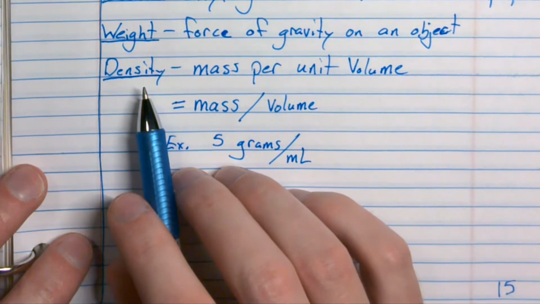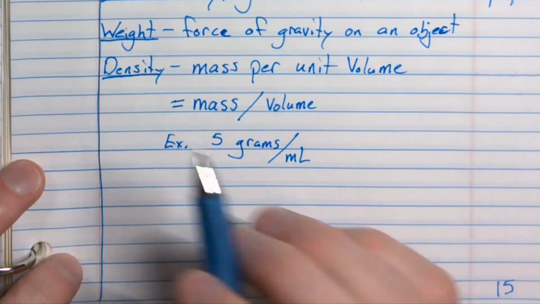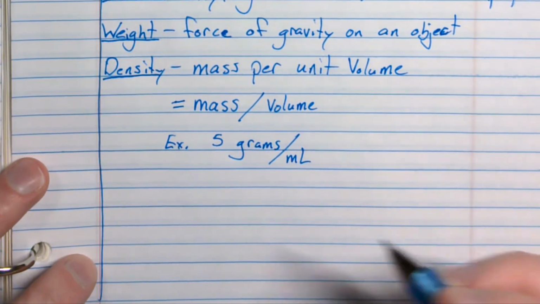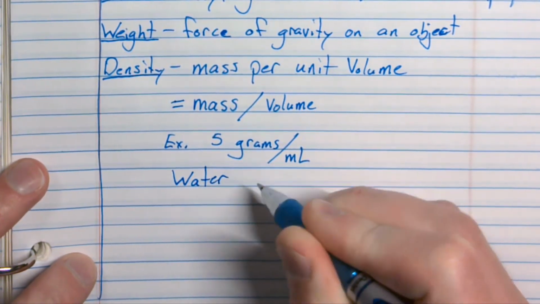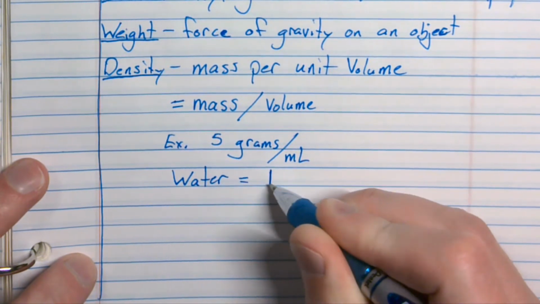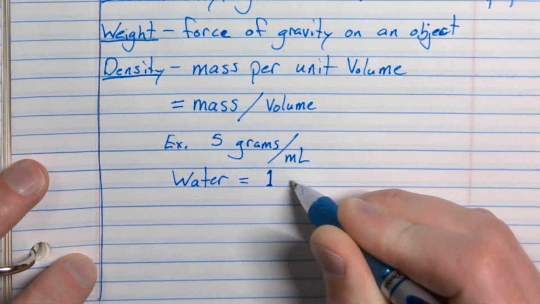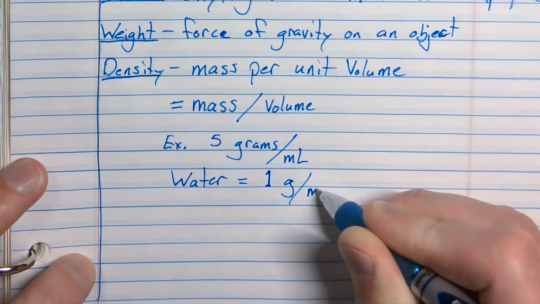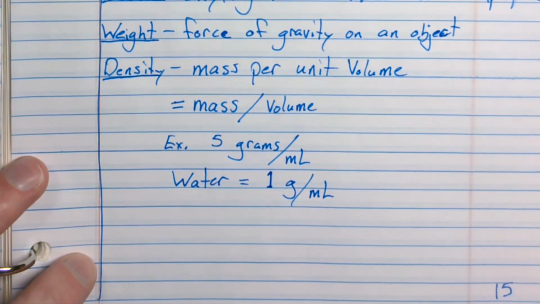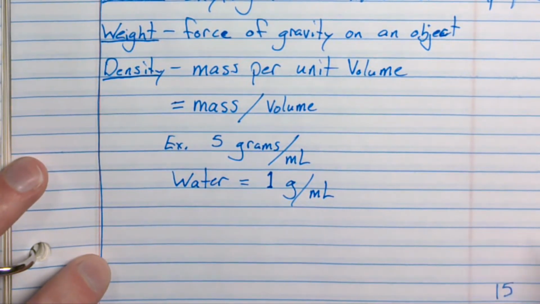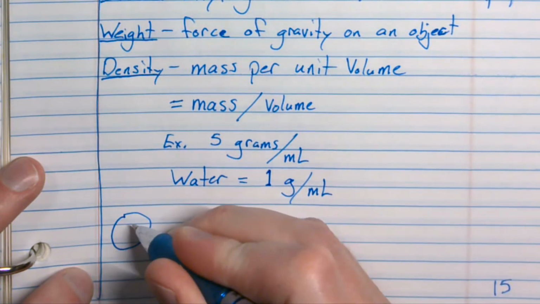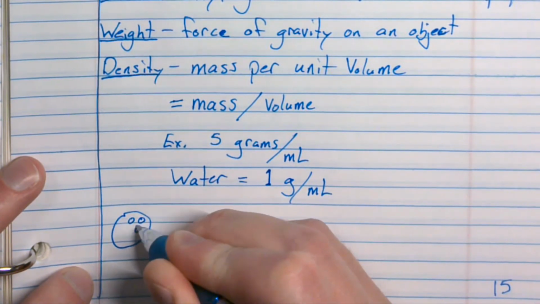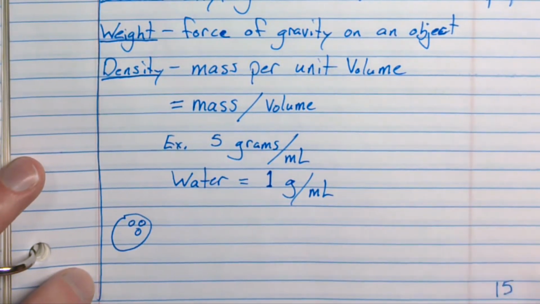So one of the benchmarks we use for density is actually water. And water is equal to 1 gram per milliliter. And so if an object, so let's say I have an object over here, let's say it's a bowling ball. It's a weird bowling ball, whatever.